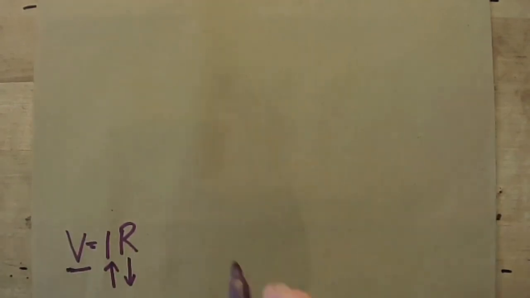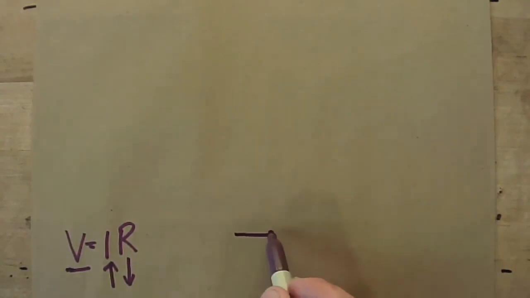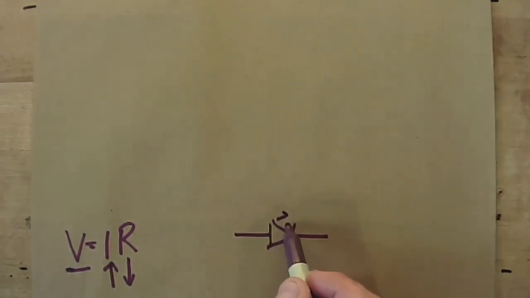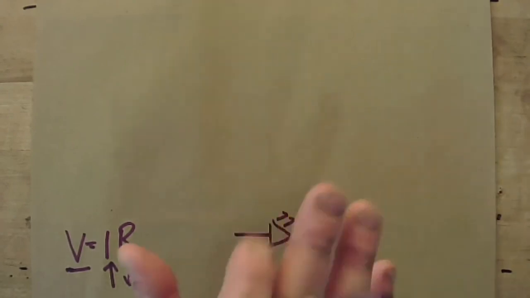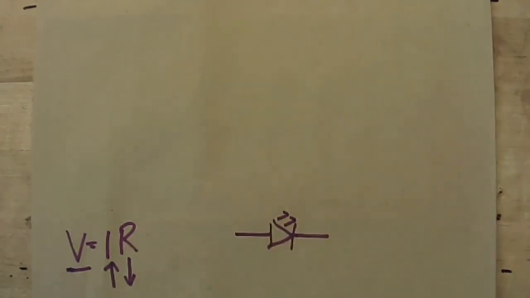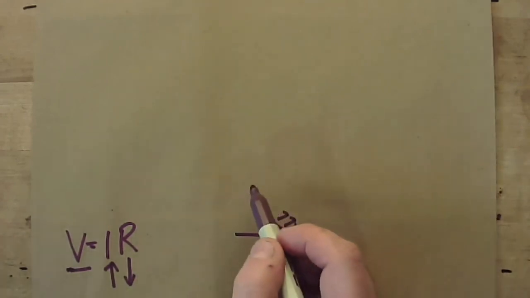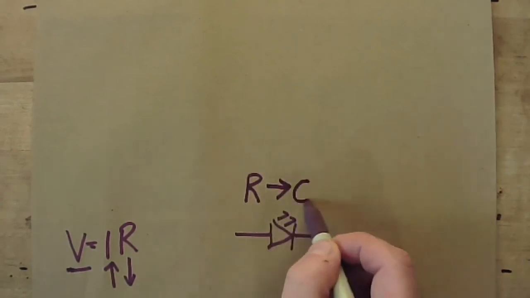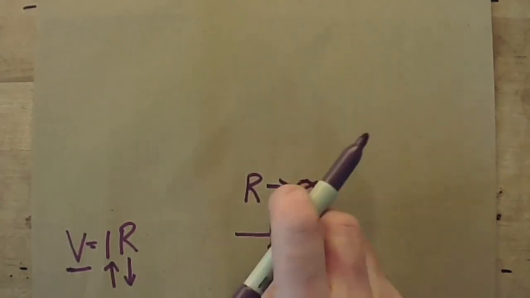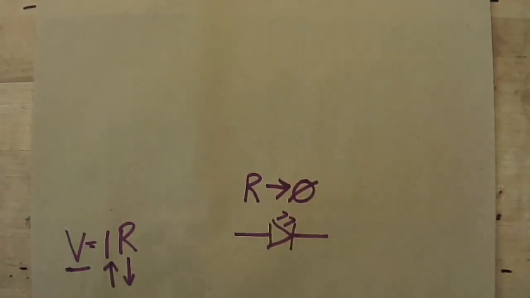So LEDs, which we may remember the symbol for, have an interesting characteristic: when they turn on, their resistance approaches 0. It gets teensy tiny, almost no resistance.